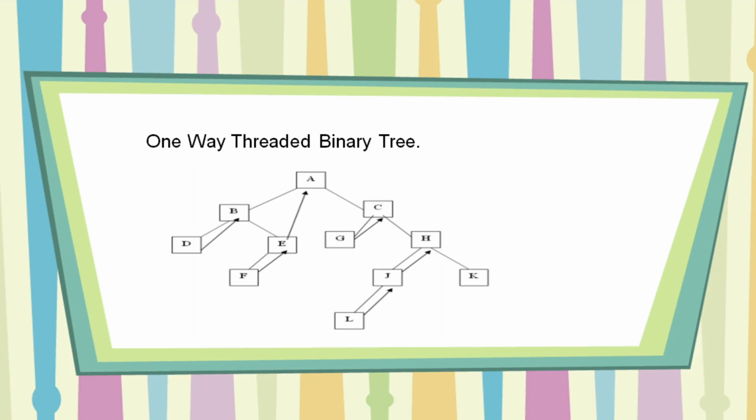So we have to consider an in-order traversal, and the outcome of the in-order traversal we have already seen in the previous slide. Now we will place these right child pointers to the in-order successor of the node. This is a one-way threaded binary tree.